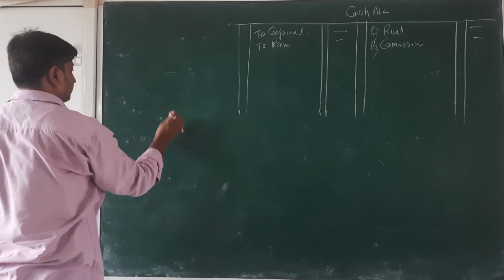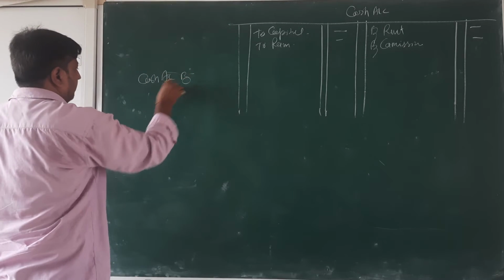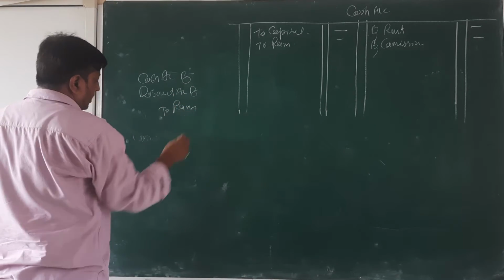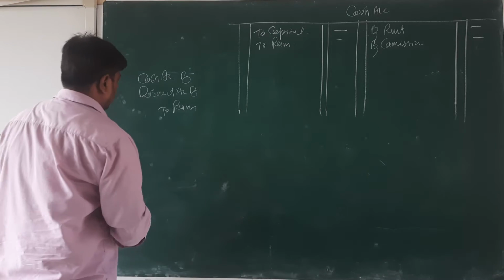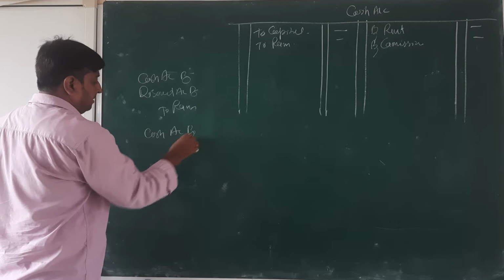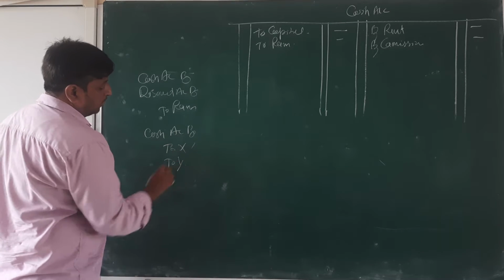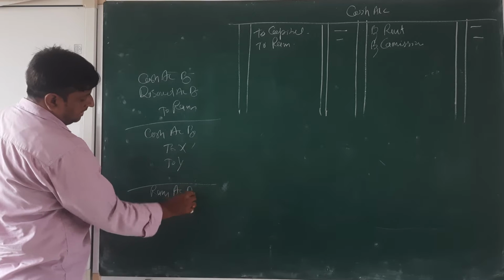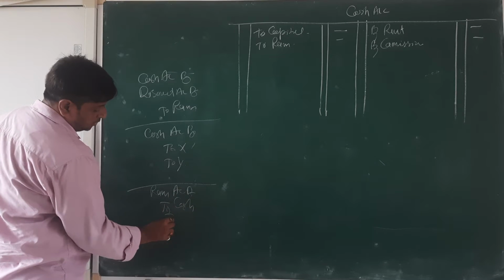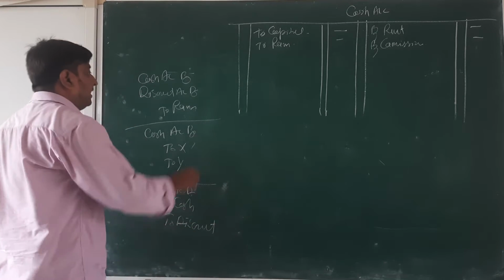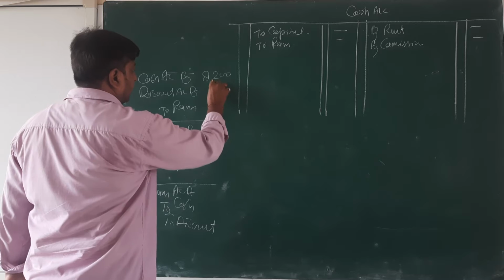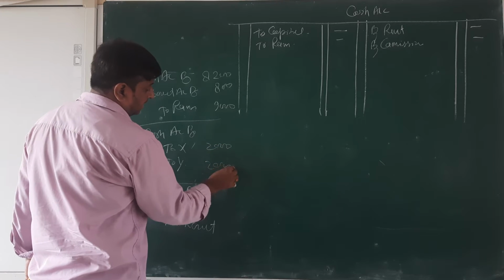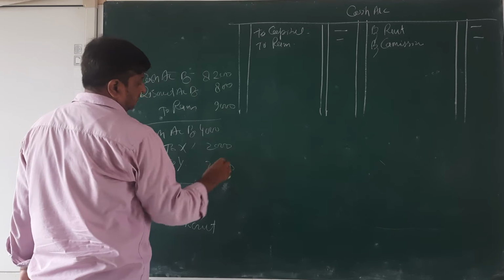As like that, cash account debit, discount account debit to Ram, or cash account debit to X and to Y, and Ram account debit to cash, to discount. 8,200, 800, 9,000. 2,000, 2,000, 4,000.